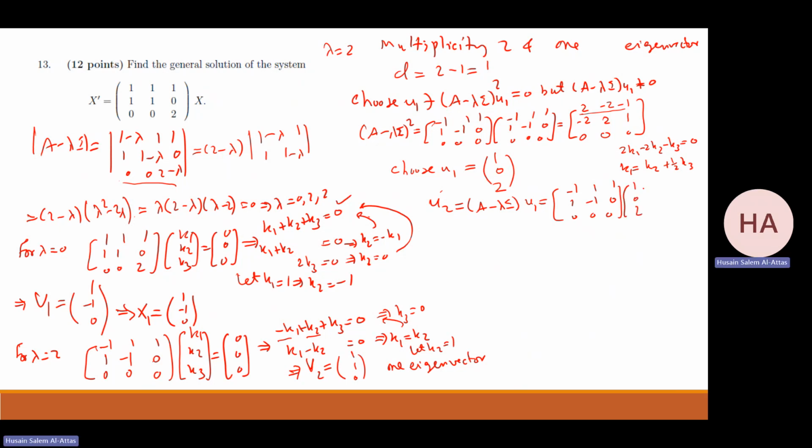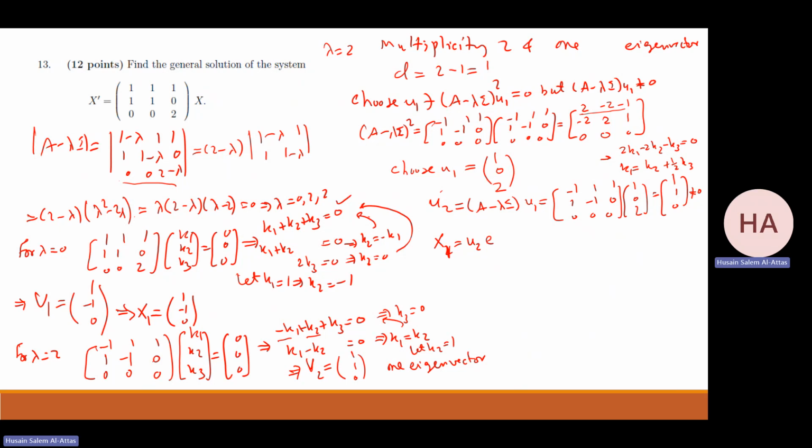I choose u1 as 1, 0, 2. Anything satisfying this will be okay. That gives me -1 plus 2, 1, 1, and 0, which is not equal to 0. So it's okay.